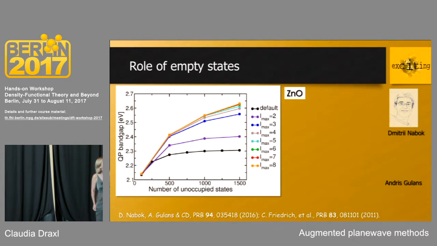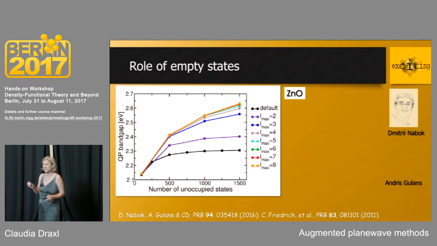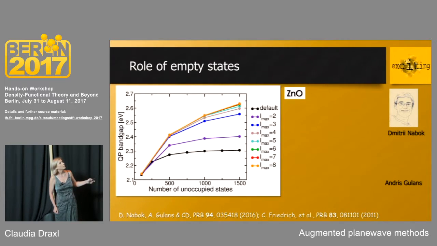But now you increase your basis set, and you have to use the improved basis set. It's not the number of bands that counts here, it's the quality of unoccupied orbitals. If you go up to L max equal 2, you converge again, but to a different value, and going higher you converge again. And depending on the basis set you take, you can get any result you want.